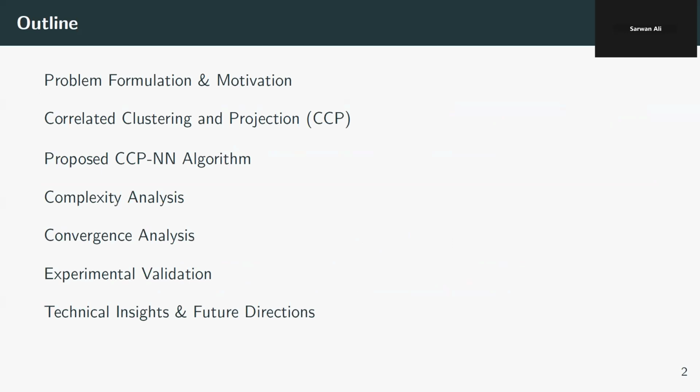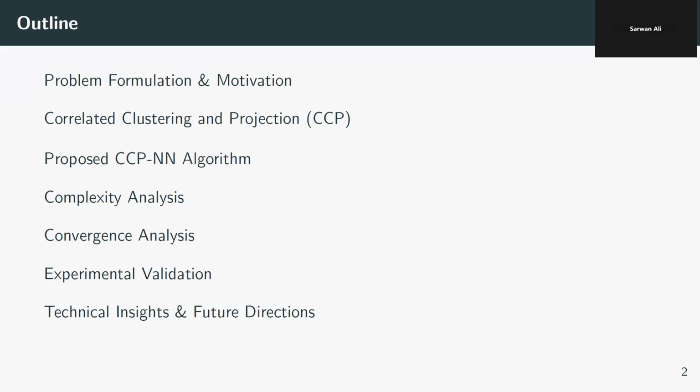So let me talk you through what we'll cover today. We'll start with the problem formulation and motivation, essentially why existing methods aren't cutting it for the large-scale biological data. Then I'll give you a brief overview of the correlated clustering and projected method, or CCP, which forms the foundation for our approach.